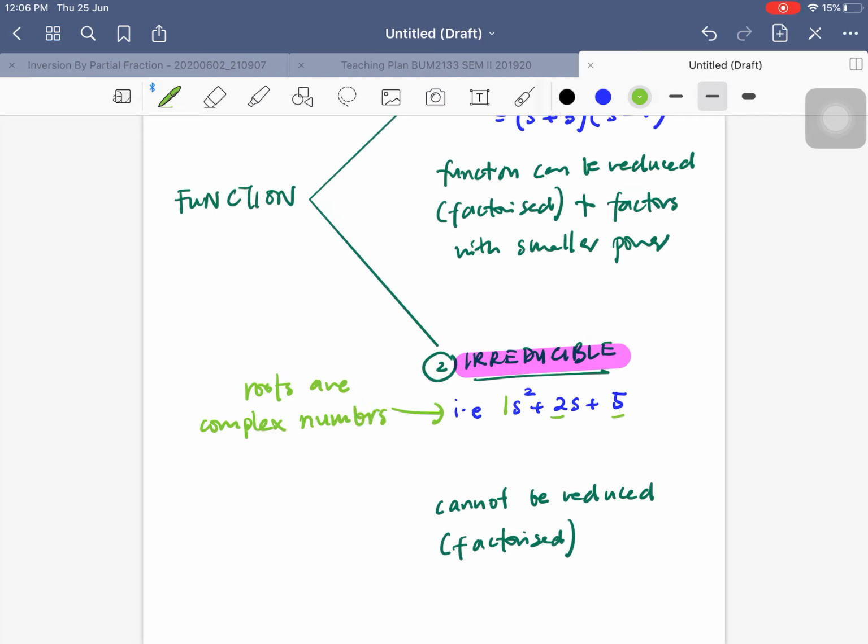Complex numbers have real parts, which are just numbers like 1, 2, 3, 4, 5, and so on, and another part called the complex part with the i. For this case, when you plug into your calculator, you will get two roots: negative 1 plus 2i and negative 1 minus 2i.